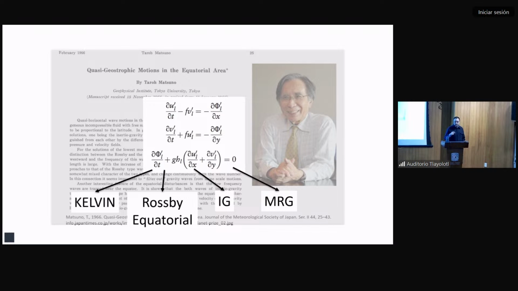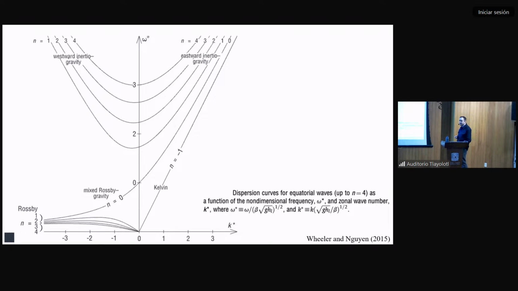These are the only possible solutions in this model, and these waves have very specific dispersion relationships that are the fingerprints of each wave. So each wave has a very specific wavenumber and frequency, so we can differentiate the behavior of each wave from one another. And some of the waves move only to the east and some waves move only to the west.